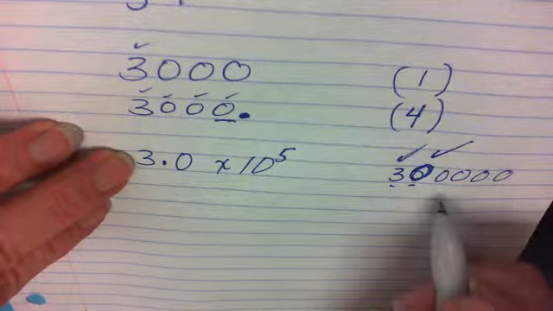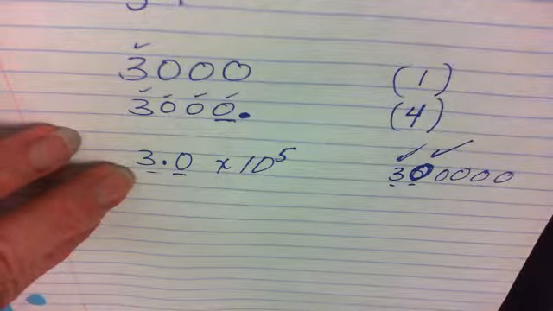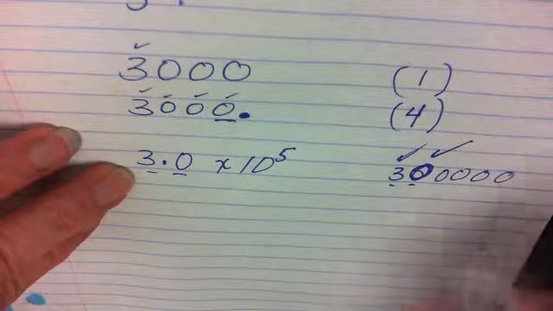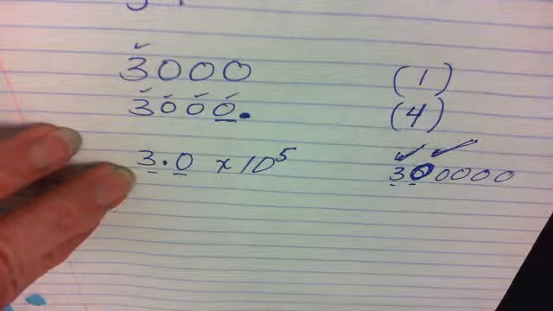We have to communicate in our lab report this way, 3.0 times 10 to the 5th. That tells us that both this digit and this digit are significant.